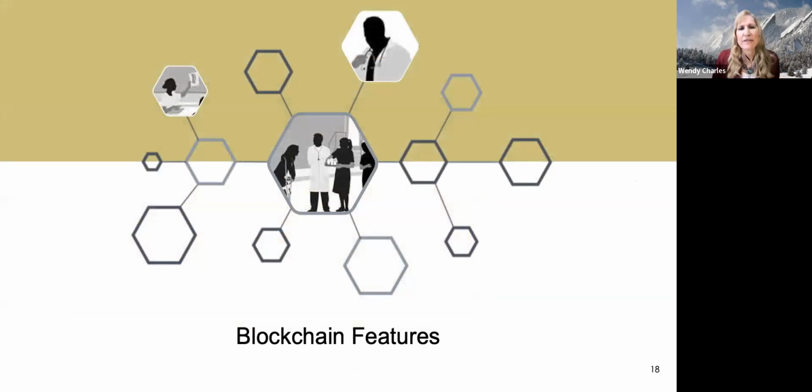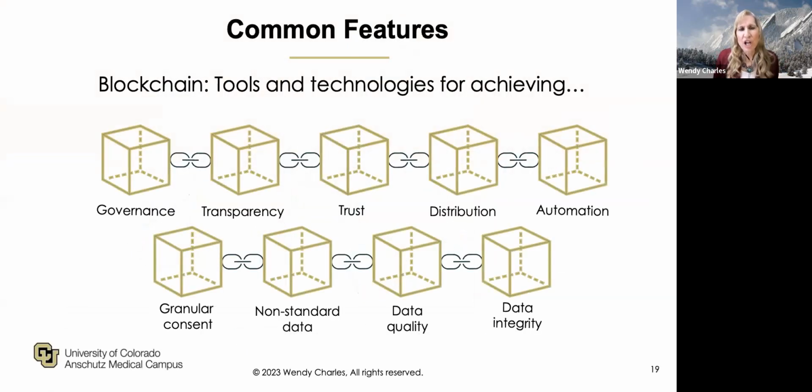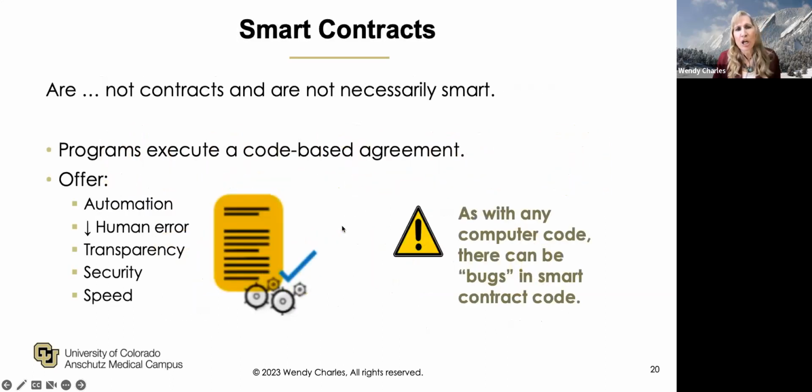So talking specifically about some of the common features of blockchains, they include all of the following on this chart, but blockchains can be designed for different purposes in order to achieve specific needs. Some of the critical components are being able to automate some features and create more trust and transparency. And smart contracts.